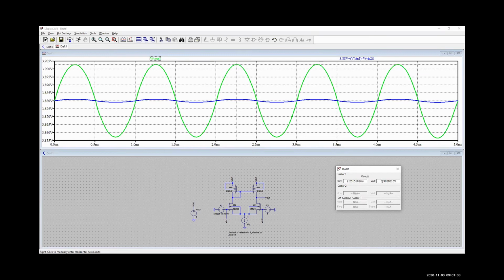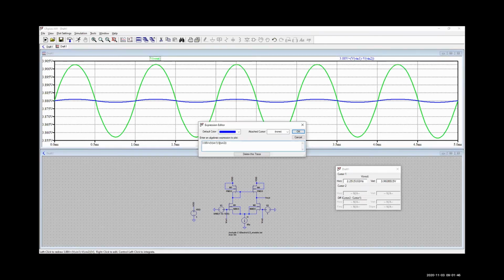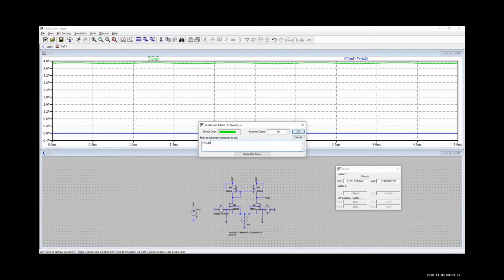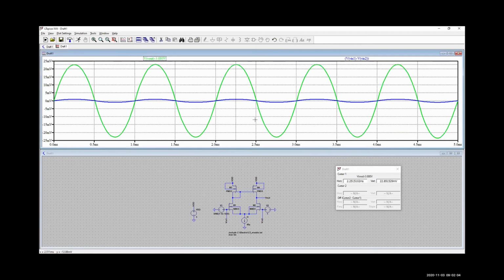So we get 3.902, or 3.90285. Actually, a better way to do this: instead of adding the DC offset, I'm going to subtract the DC offset of 3.880 volts here. All right, now it's a little bit easier to see what's going on.